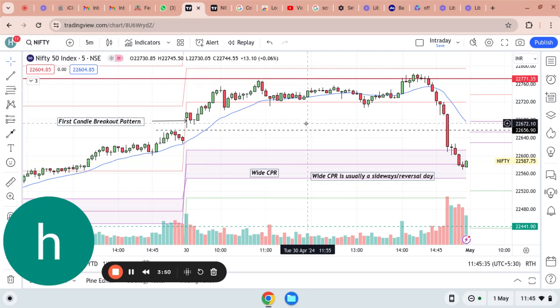Now taking the trade means you can buy option, you can sell option, you can buy future, you can sell future. There are different types of trades. Whatever suits your finances or your personality or your control, discipline, whatever characteristics you have, you can take the trade accordingly.